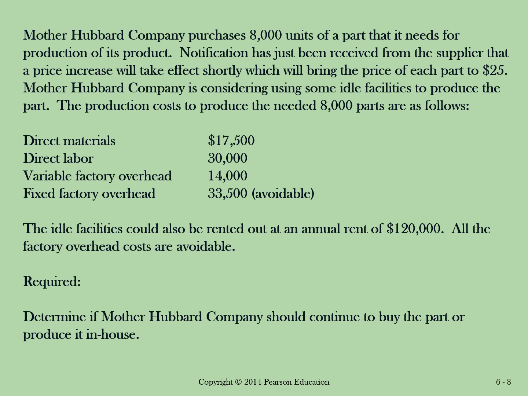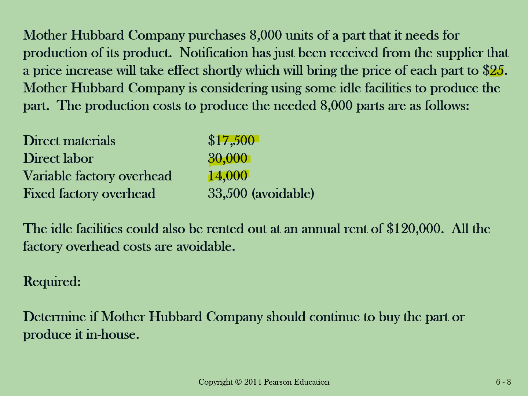Our company is going to purchase 8,000 units of a part, paying $25 per unit. When we produce it, the total direct material is going to be $17,500, $30,000 for direct labor, and $14,000 for variable overhead.